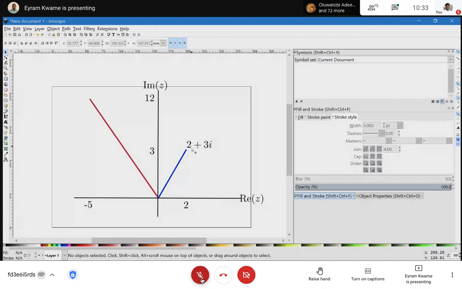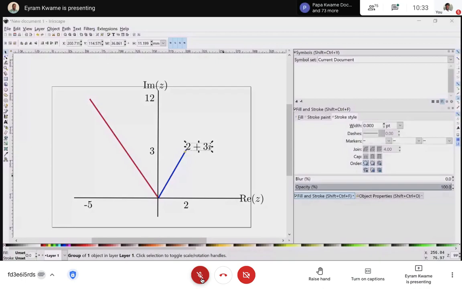I think I need to edit something else. z is equal to 2 plus 3i.